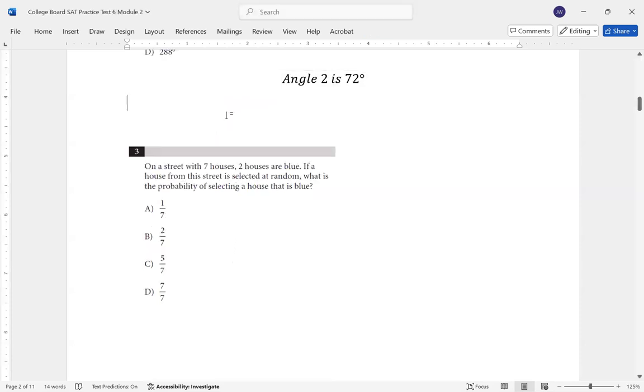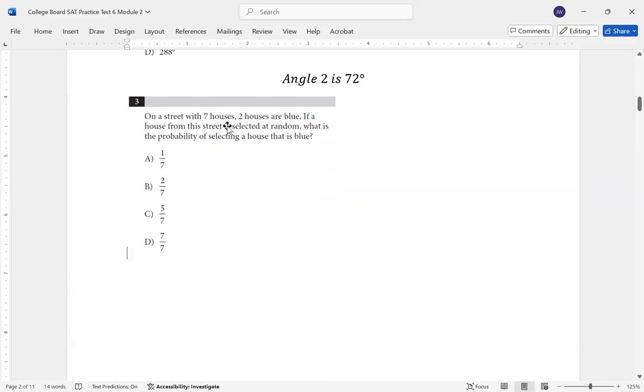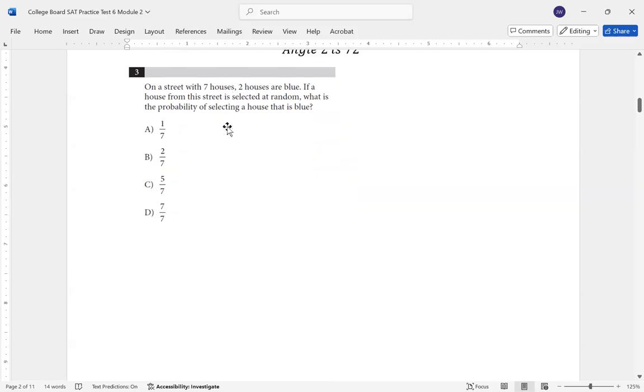Question 3. On a street with 7 houses, 2 houses are blue. If a house from this street is selected at random, what is the probability of selecting a house that is blue? So probability of blue, we're going to use classical probability. So that means the number of total outcomes is in the denominator.